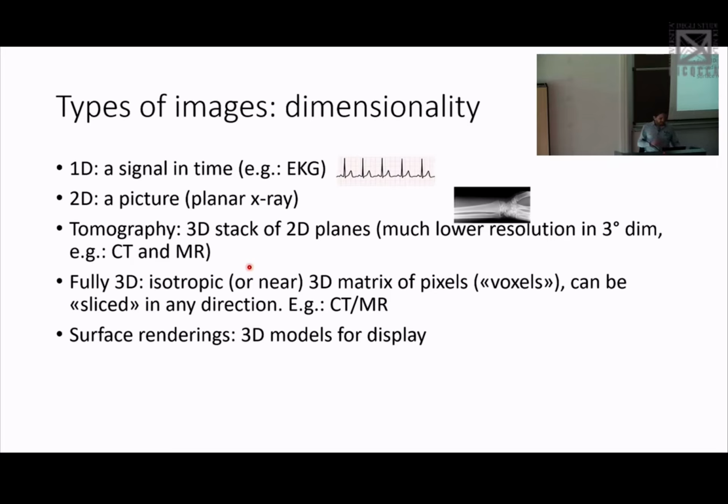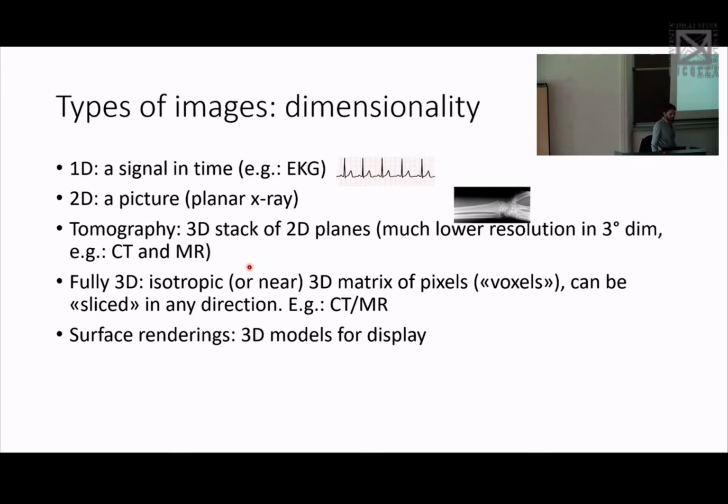With tomography, we generally refer, I have a slide about that, to a 3D stack of 2D planes, which means that the resolution in one plane is much lower than in the other two axes. Quite often, CT and MR are in this category.